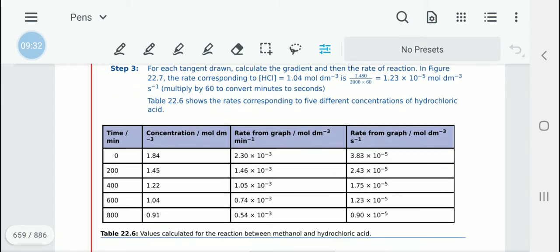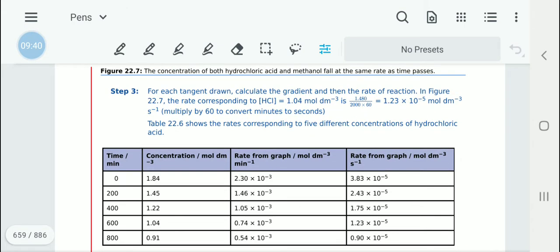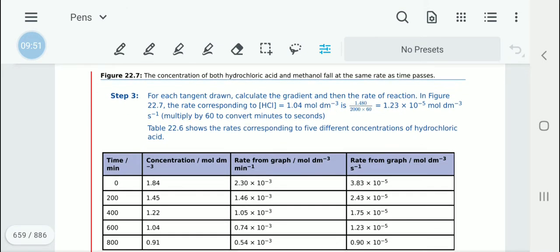Then the rate corresponding to HCl, when the HCl concentration is 1.04 mole per cubic decimeter, the rate is going to be 1.23 times 10 to the power minus 5, because it is 2000 into 60 seconds.